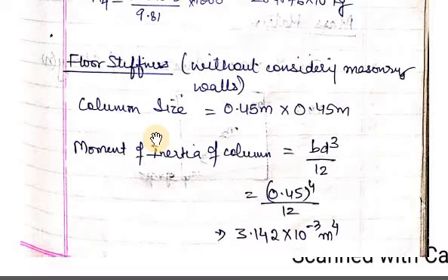Here the size of the columns is 0.45 meter into 0.45 meter. To calculate the moment of inertia of the column, we will use BD cubed by 12. The value of B and D is 0.45, so it is 0.45 raised to power 4 by 12. It comes out to be 3.142 into 10 raised to power minus 3.